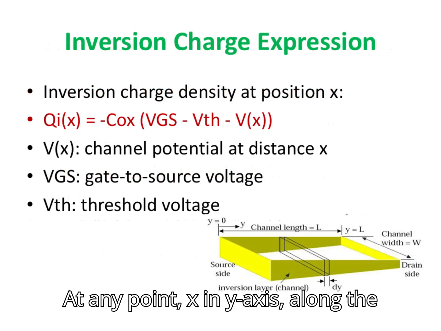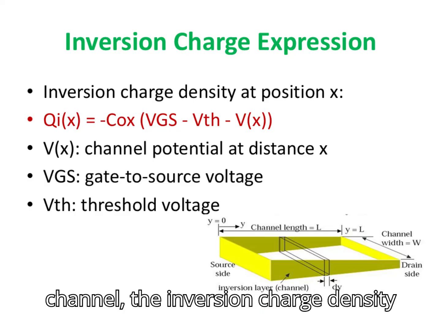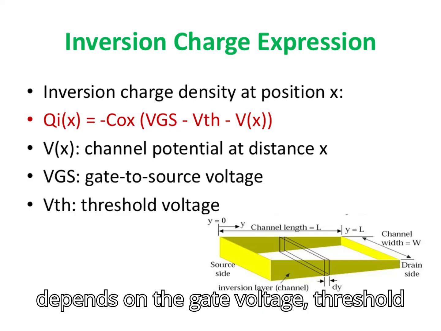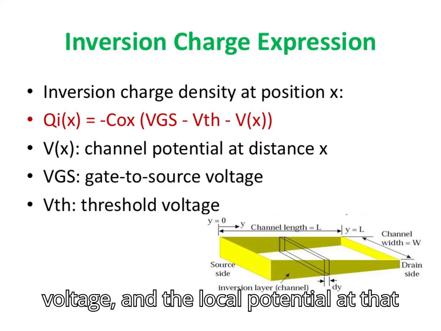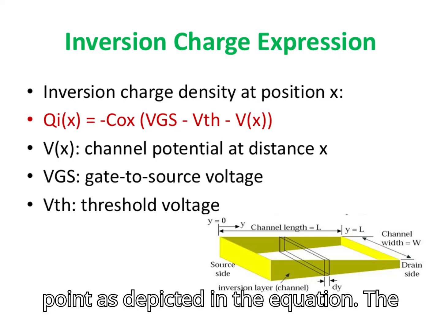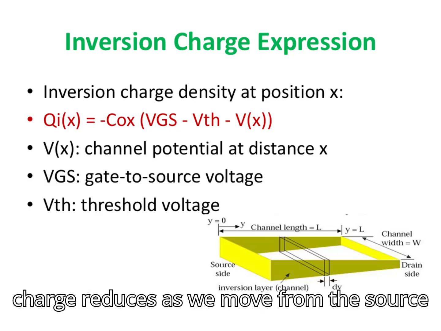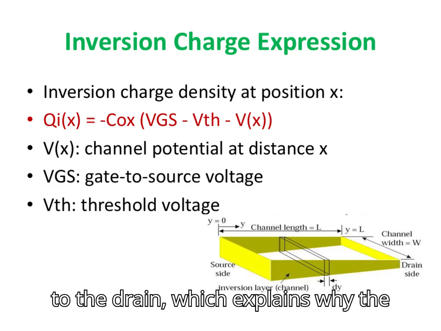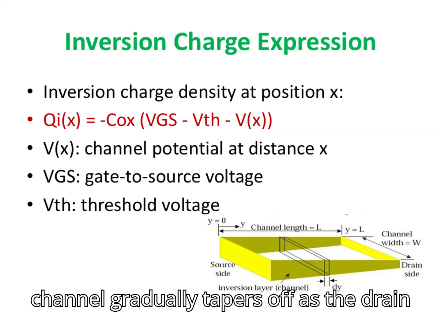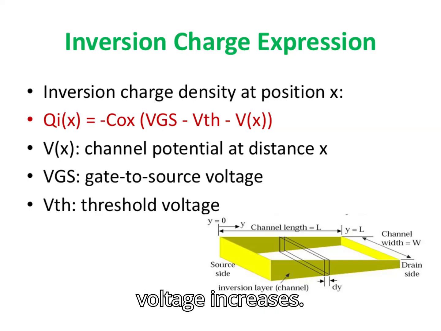At any point Y along the channel, the inversion charge density depends on the gate voltage, threshold voltage, and the local potential at that point, as depicted in the equation. The effective voltage available to induce charge reduces as we move from the source to the drain, which explains why the channel gradually tapers off as the drain voltage increases.